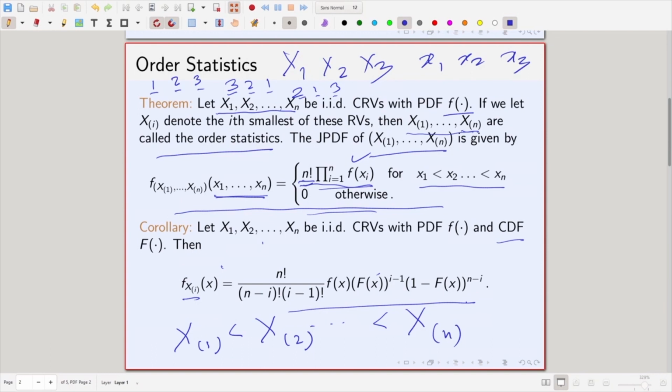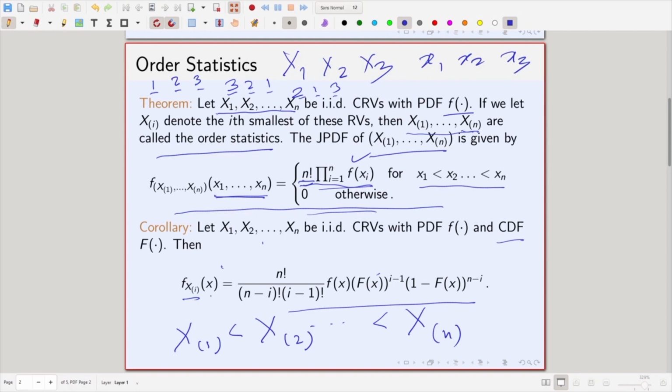Again, we will not see a proof of this. This will be true where all these things are positive. Now let us try to understand heuristically where this density is coming from.